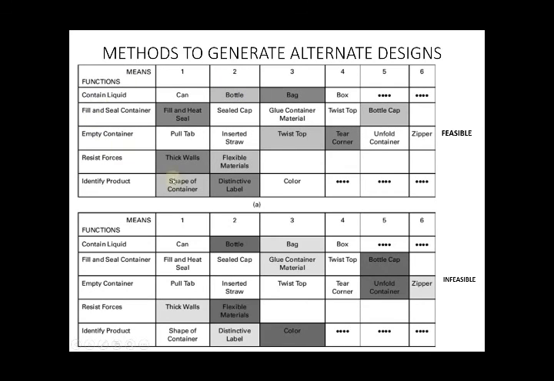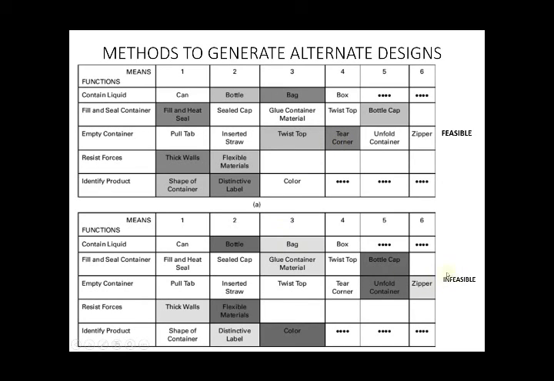So by looking at this morphological table or morphological chart, we can identify which are the different combinations that are feasible, which is the best feasible combination, and which is the second best feasible combination, and so on. So we are able to generate multiple design solutions, combinations.